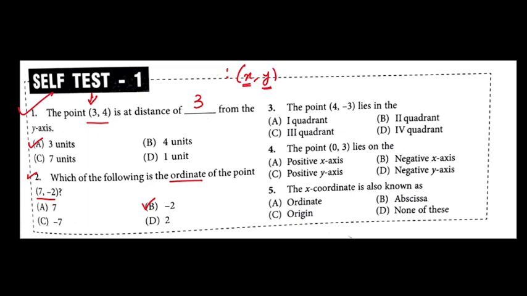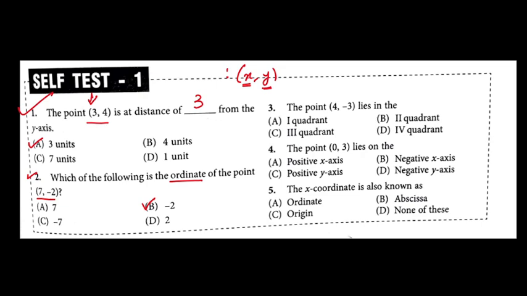Third one: the point 4, -3 lies in which quadrant? First quadrant is plus plus, second becomes minus plus, x negative y positive, third minus minus, fourth plus minus. Here the point is plus minus, so it is in the fourth quadrant.